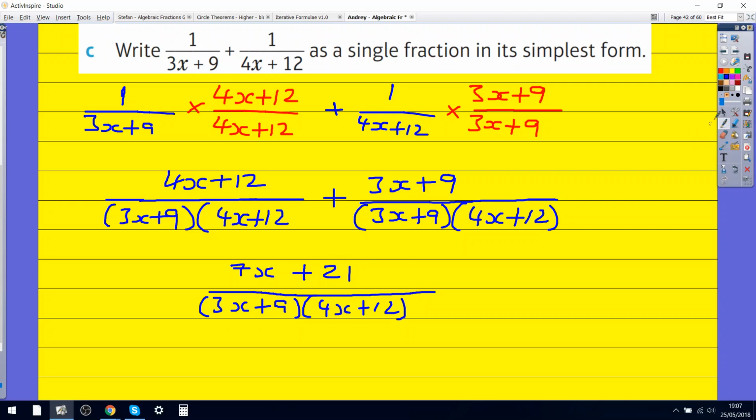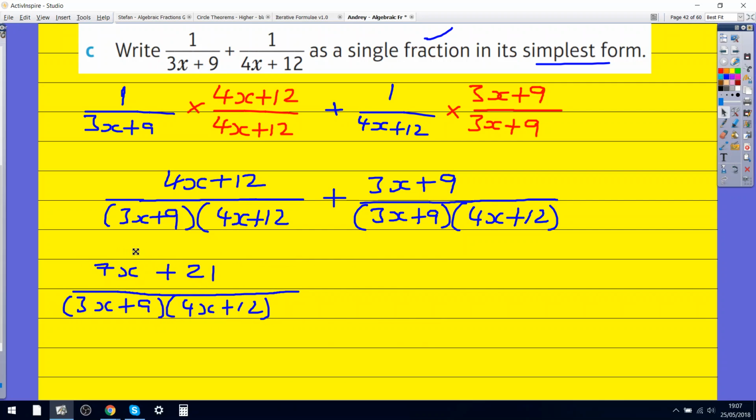Okay, so that's correct. So we've written it as a single fraction. It now says in its simplest form. Any idea how we can write that in its simplest form? Could we do x plus 3 over... I'm not sure if that's in its simplest form. No, I think you're on the right track. So you factorize as much as possible.